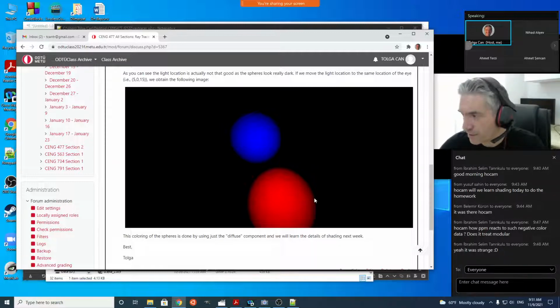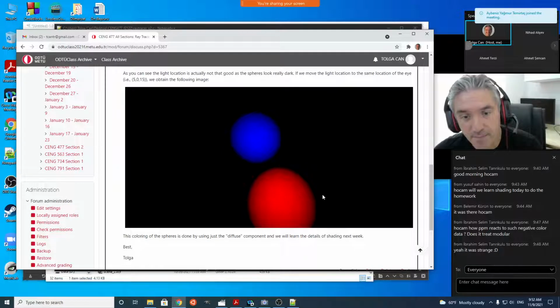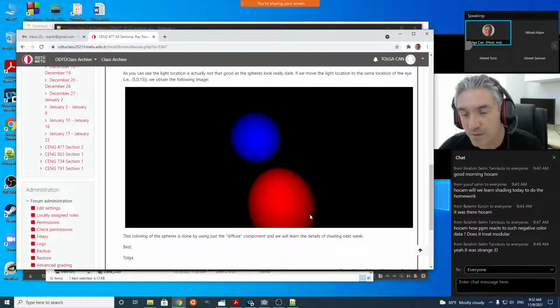In Turkish, I think it's called tarama, what artists use. This is the shading that we are doing, by using a single colored pen, creating these effects of lower intensity colors on the surface of objects.